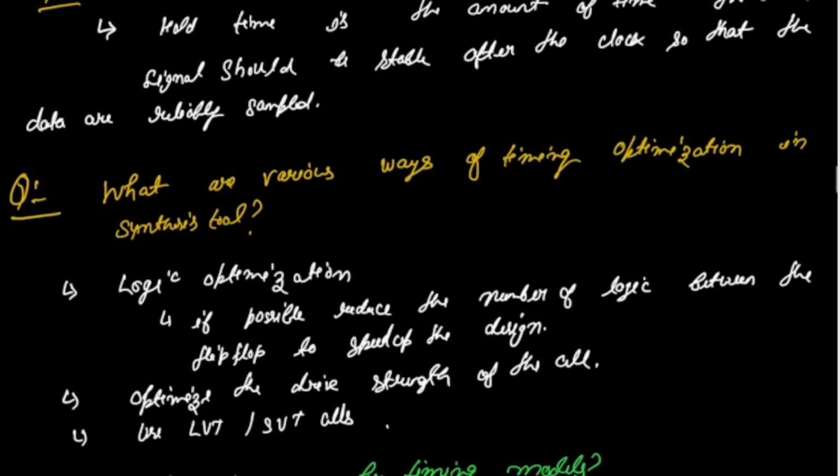What are the various ways of timing optimization in the tool? Logic optimization: if possible, please reduce the number of logic cells between the flip-flops to speed up the design. It means if there are two flip-flops, how many logic levels are present in between?